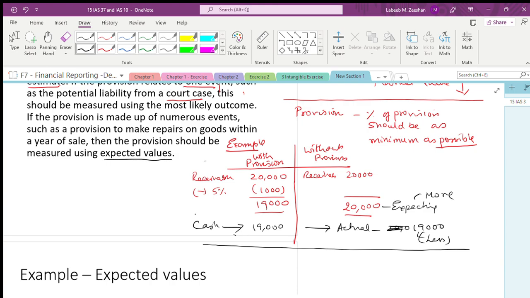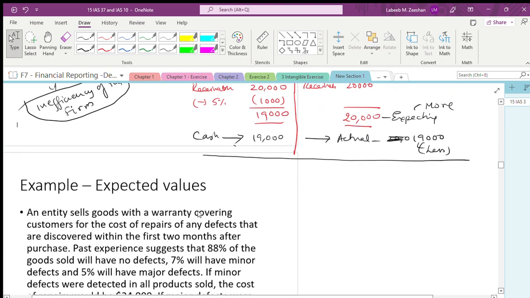If you are making provision on each and every item, it means that it is the inefficiency of the finance department of the firm, as simple as that. Because management is responsible for that.